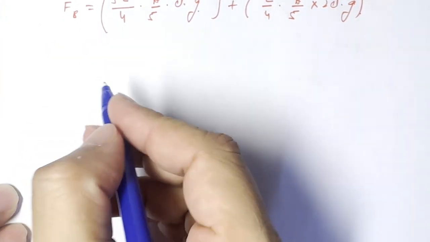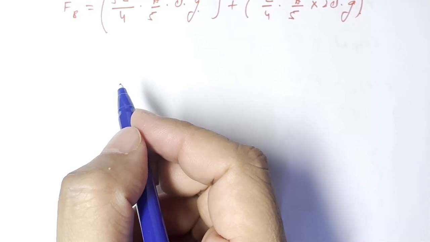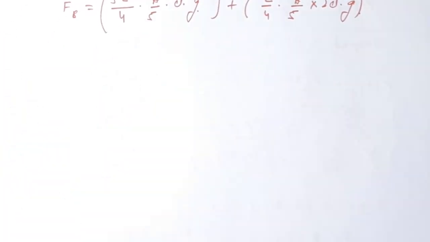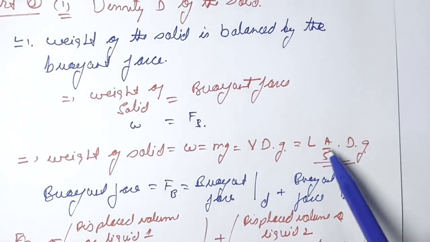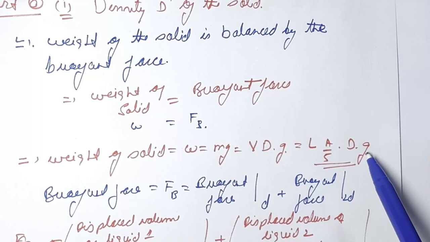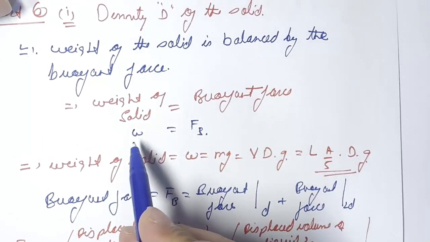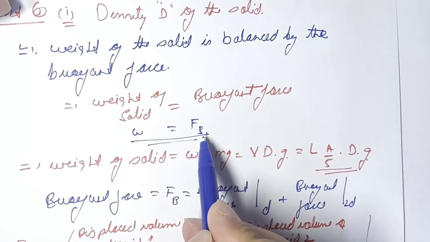So therefore, this is our total buoyant force, and we already calculated our weight, which is L A by 5 D multiplied by G. We know that weight will be balanced by the buoyant force.